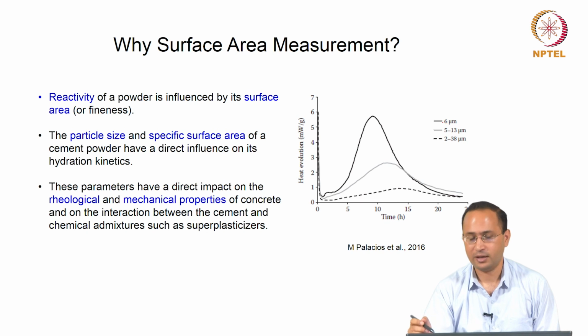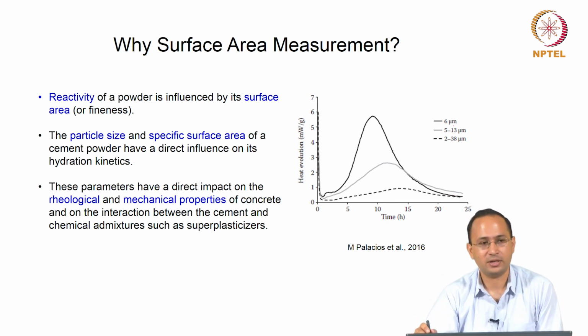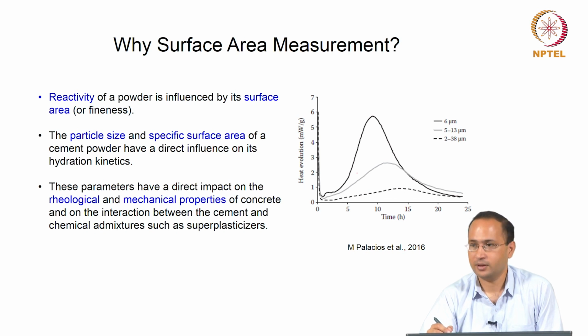So basically we are looking at the effect of fineness, the 6 micron is the finest one, right. It is affecting the hydration kinetics. As you go towards the higher sizes, there is not as much acceleration as you see in the case of the finest powder in terms of particle size, right.